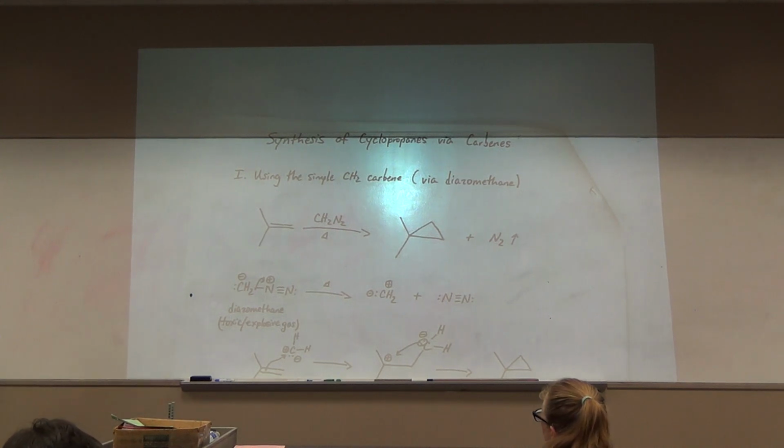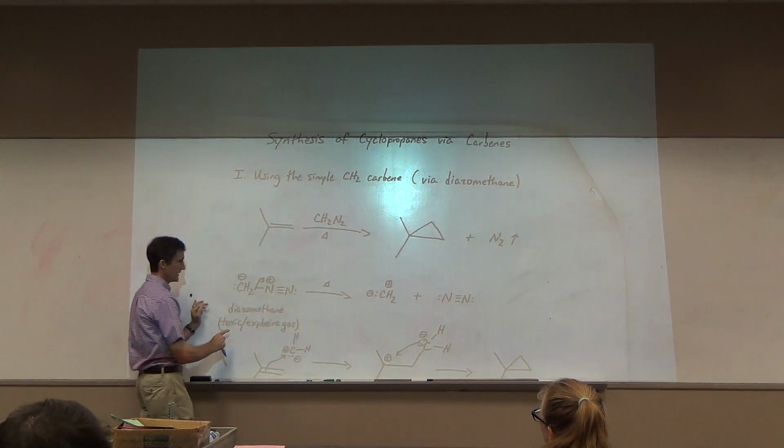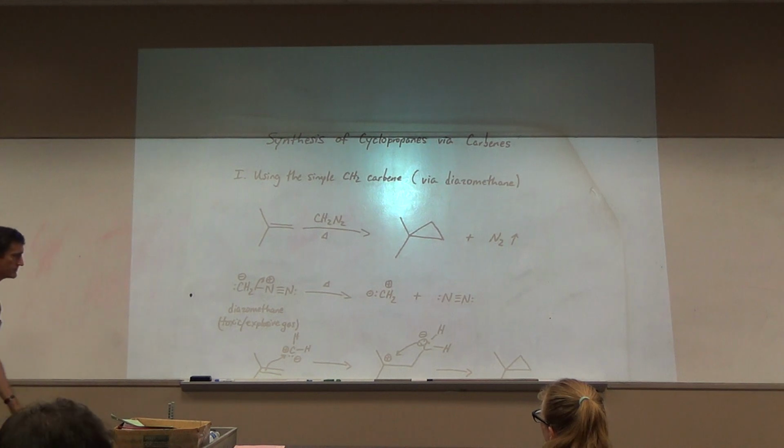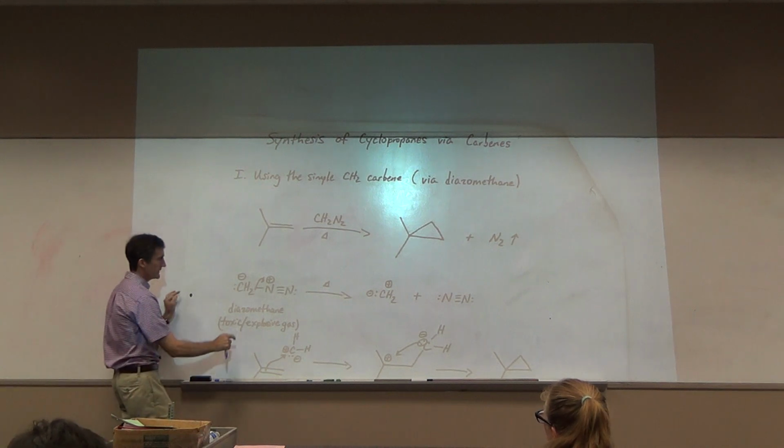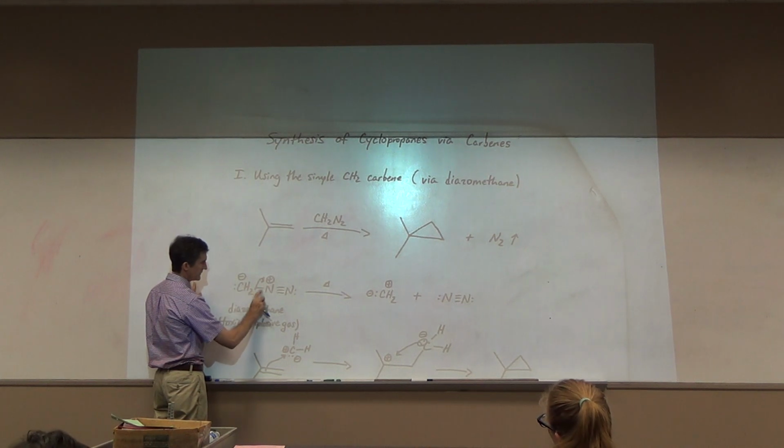All right, if you heat this, it will explode. But if you heat it in a controlled manner, we can get chemistry. If you heat this up, this thing will break apart. This nitrogen's positive. This nitrogen would like to go back neutral.